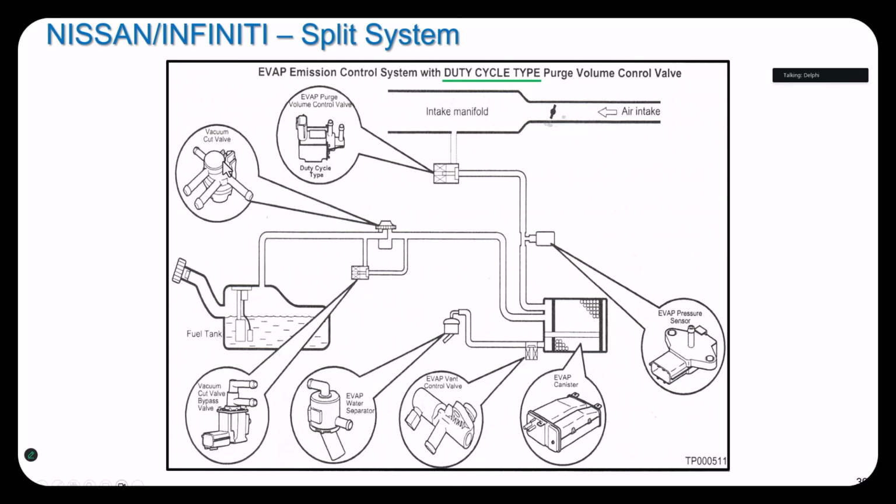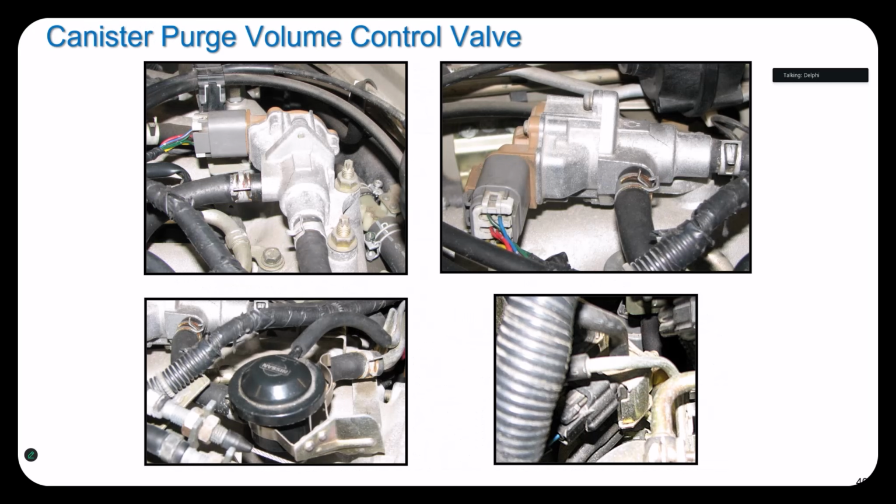And on these earlier ones, the 96 to 98s, this was actually a volume control stepper motor. So it was changing the flow of vapor into the engine, but it was doing it using a transducer and a solenoid. A little bit different how they work. The rest of the system worked the same way. And again, 96, 97, 98, kind of a freakish system in some ways for those that had it.